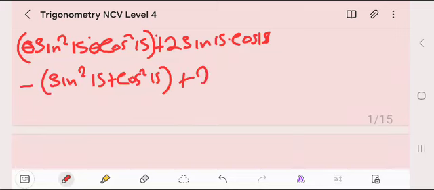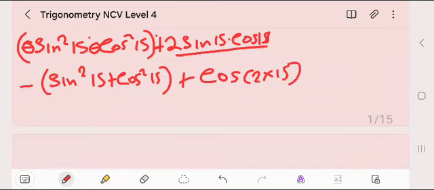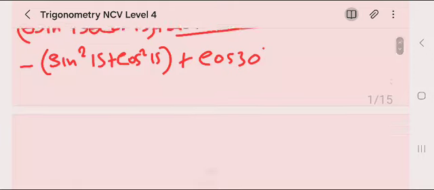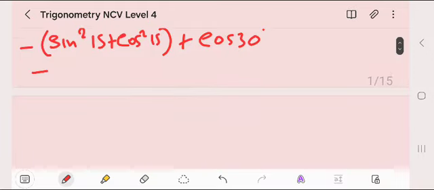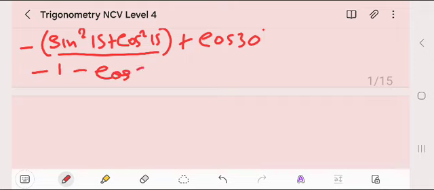Plus 2 sine 15 cos 15, this is simply just a double angle, guys. This will be sine 30 degrees. So this we know will be minus, but this is 1, guys. So this multiplied by 1 will be 1 minus cos 30.